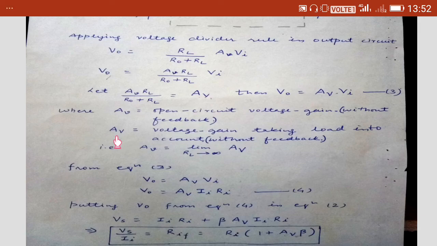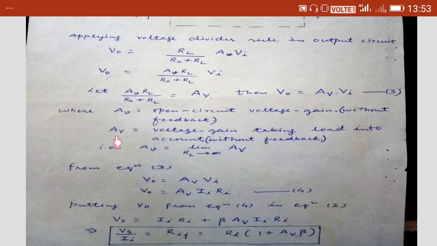Now put the value of V0 from equation 4 into equation 2. The value of Vs comes equal to Ii into Ri plus beta capital Av into Ii into Ri.